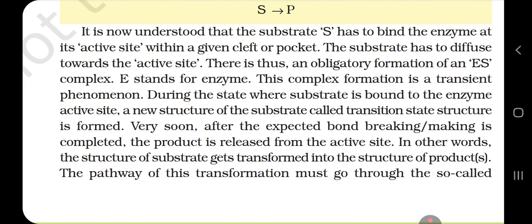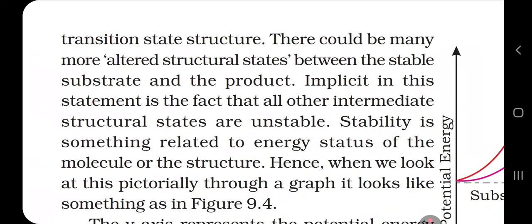Very soon after the expected bond breaking or making is completed, the product is released from the active site. In other words, the structure of the substrate gets transformed into the structure of the product or products. The pathway of this transformation must go through the so-called transition state structure.